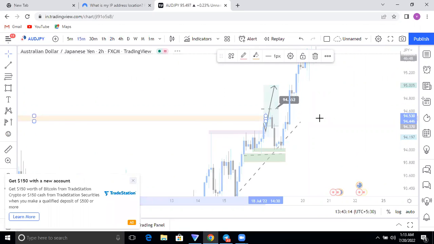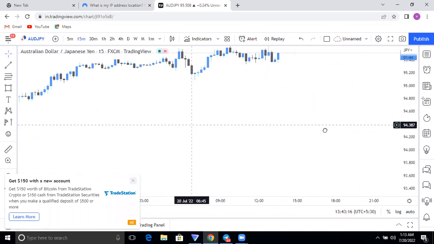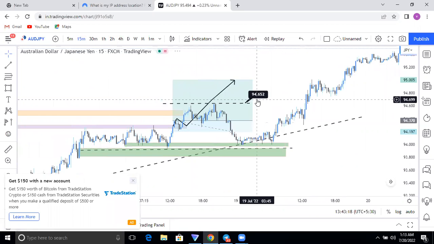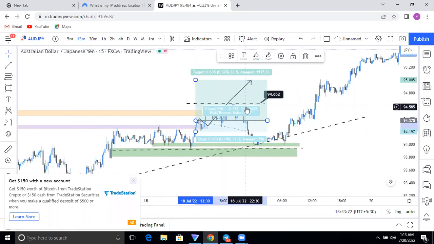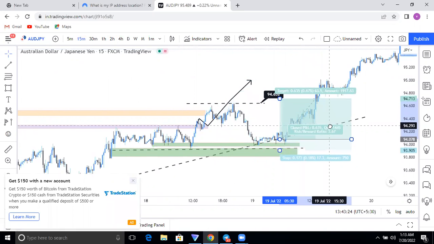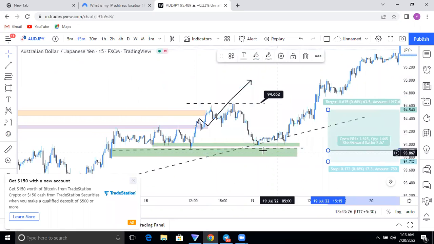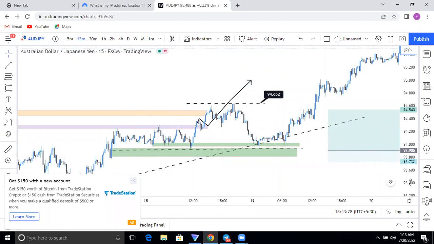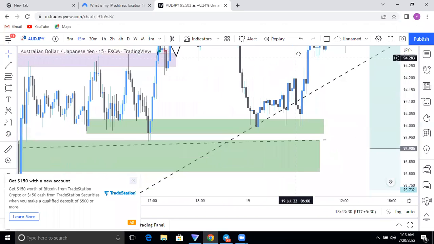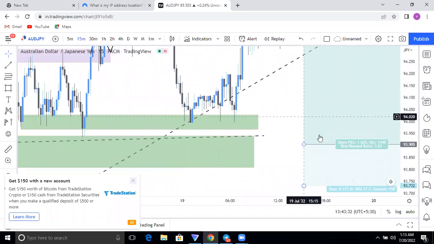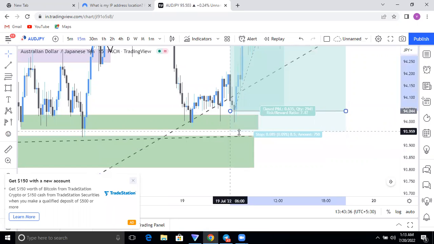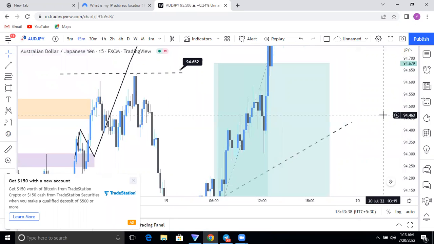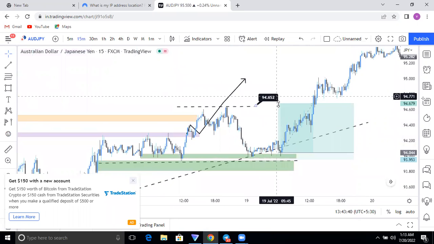So what we could have done better here is very simple. What we could have done is just wait for the reaction when the price gets here, right? That's why patience is very important, and set our entry within this green zone we created around this area, in the OB here. Our entry would have been activated, stop below it, and we could have gotten an excellent trade.